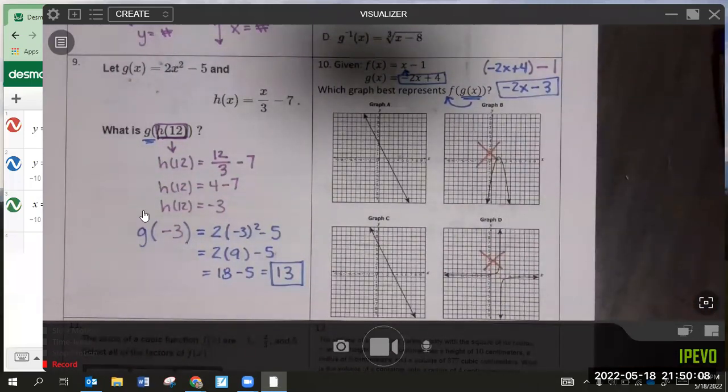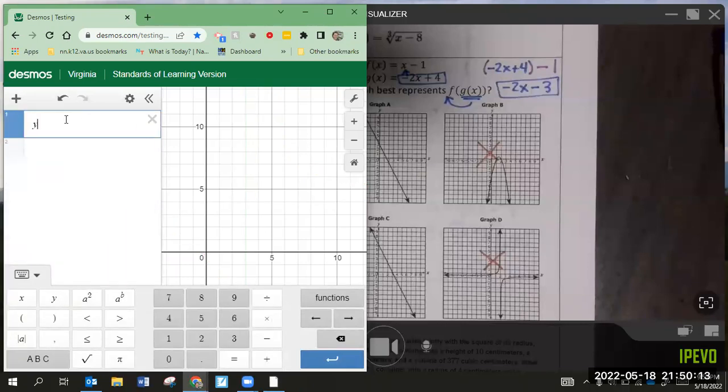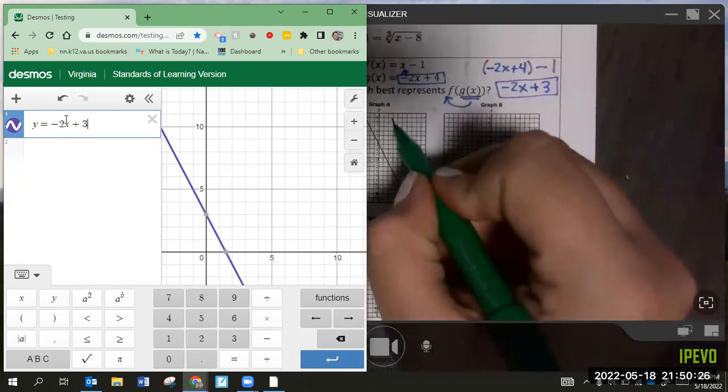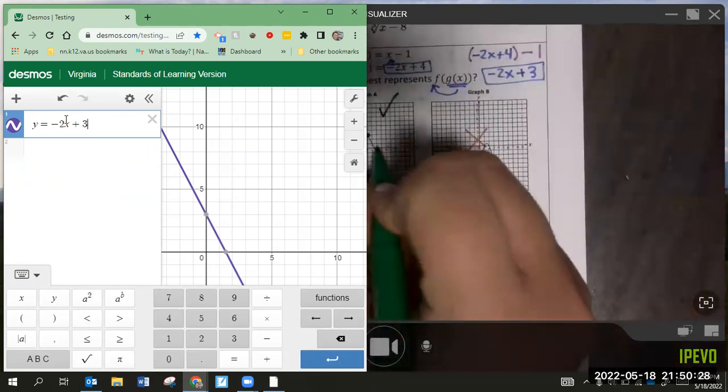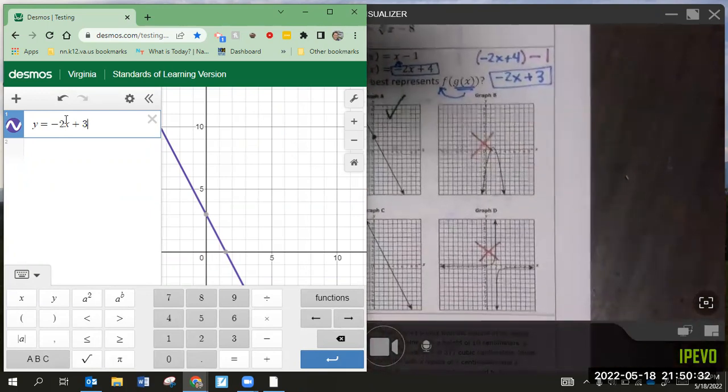So come here, just in case you're having a brain fart moment, you can't remember how to graph this line. -2x, I'm sorry, that should be a +3. That would be graph A, because it intersects at 3 and it has a down 2/1 slope.